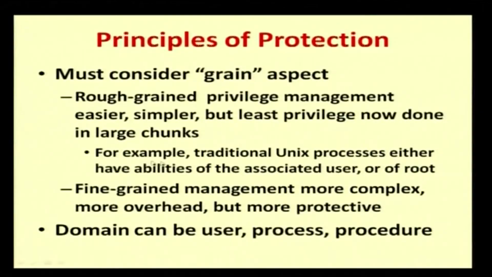That is there in Unix, and for mounting and unmounting, it goes to the root and then it gets mounted. So that is what has been said over here, as it has the ability of the associated user or of the root. Fine grained management is more complex, more overhead, but more protective, and the domain can be a user, process, or a procedure. So these are the principles of protection.